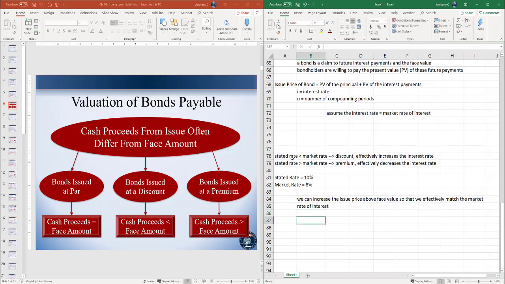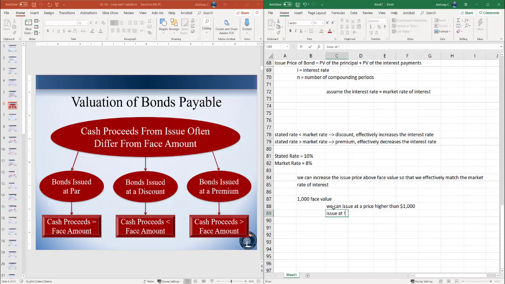So if we use the same example of $1,000 face value, we could actually issue this at a price higher than $1,000. Let's say we issue it at $1,100. What will happen is we get to borrow $1,100, but we only pay back $1,000 in principal.